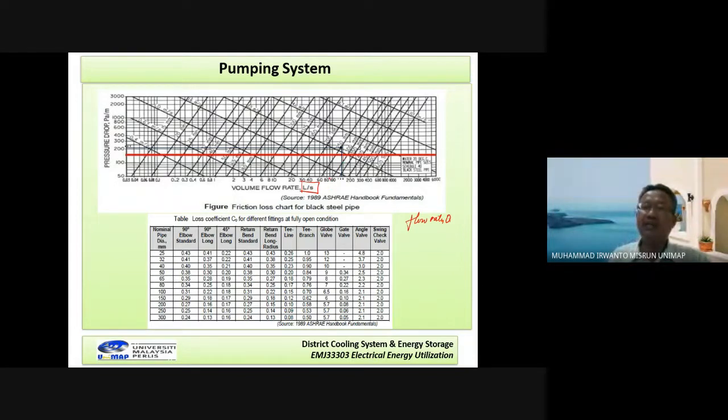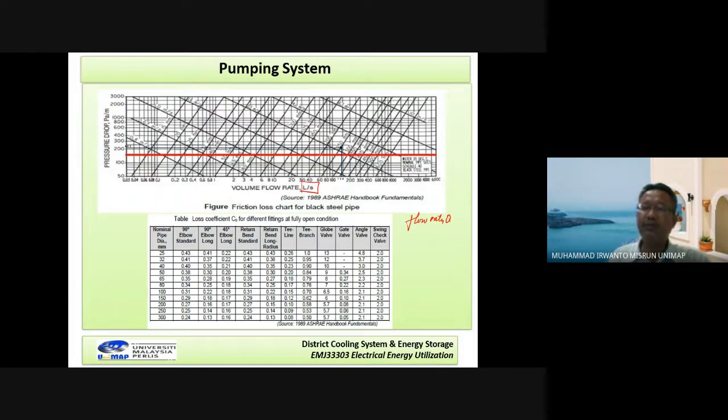And then look at this line. It is the type of pipe in terms of inner diameter. How many inner diameter for the pipe that is used by us?